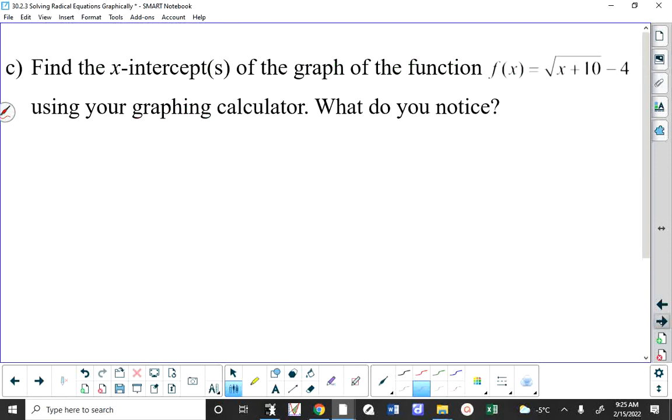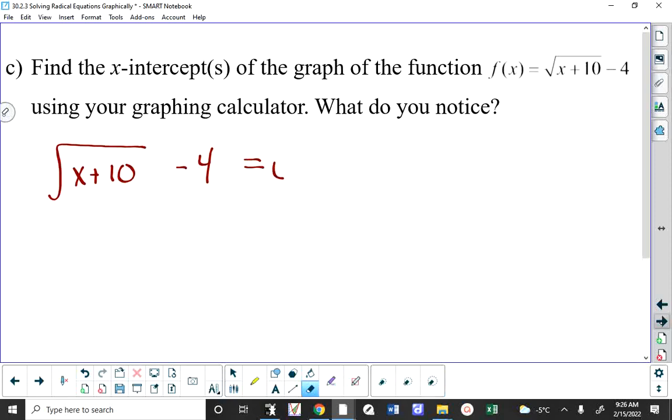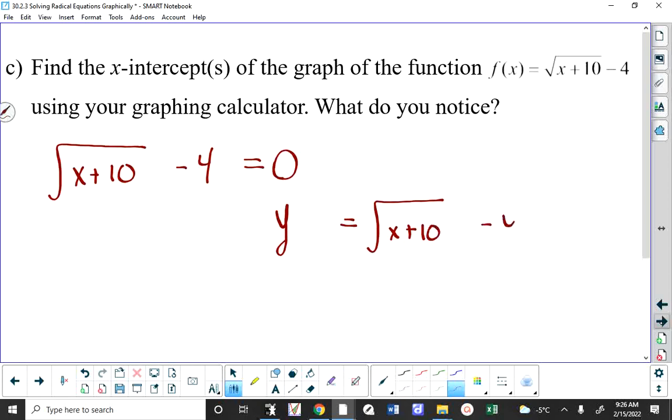Okay, find the x-intercepts of the graph of this function. I hope it's not lost on everybody that the equation we're trying to solve is root x plus 10 minus 4 equals 0, and the equation of the function we're graphing is f of x equals root x plus 10 minus 4.